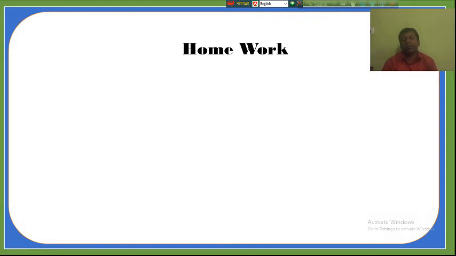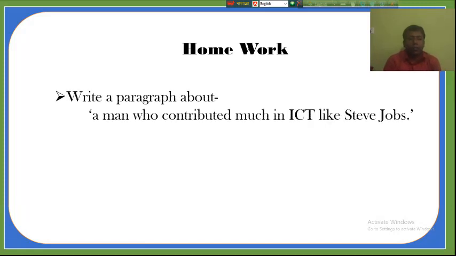Dear students, write down the homework in your notebook. The homework is, write a paragraph about a man who contributed much in ICT like Steve Jobs. Again, write a paragraph about a man who contributed much in ICT like Steve Jobs.